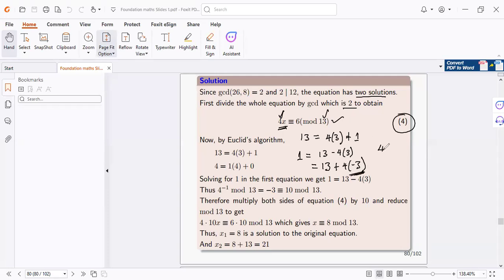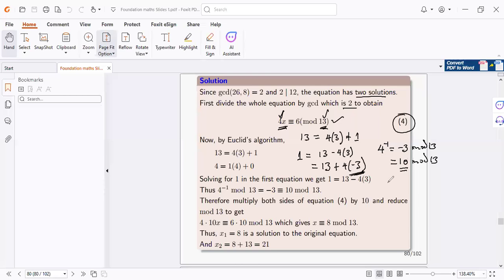So the inverse of 4, therefore, is negative 3 mod 13. And since it's negative, we write it as positive. As we said earlier, I add 13 to that. That gives me 10. So this is now the inverse. I want it to be positive because always the remainder has to be positive. So 10 is the inverse of 4.